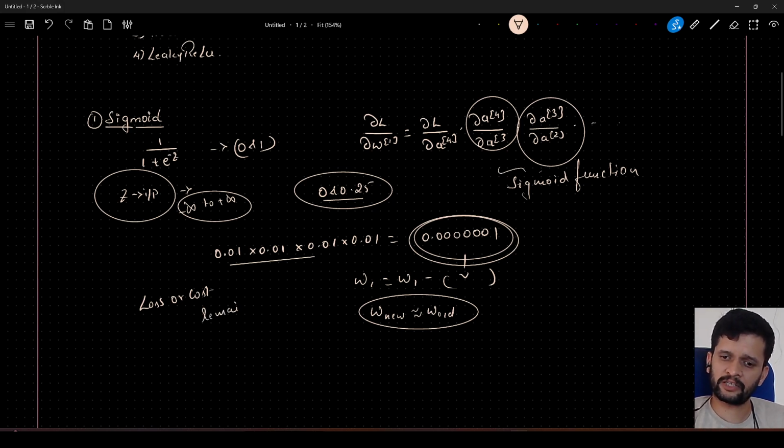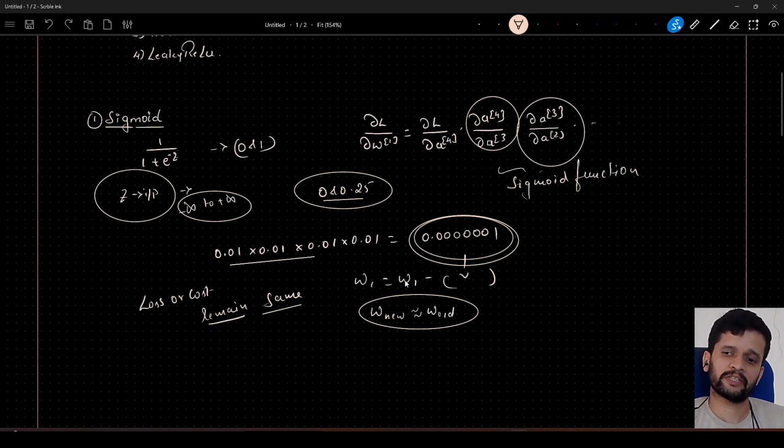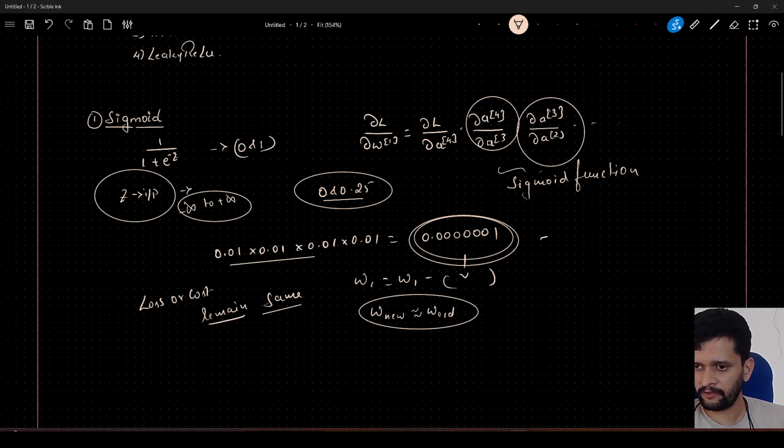No matter how many iterations we do, it will remain constant. So we will not be able to converge to the minimum of our cost function. So this is what the sigmoid is, how the derivatives look like, and what's the problem with the sigmoid function. We call this vanishing gradients, right? Vanishing gradients.